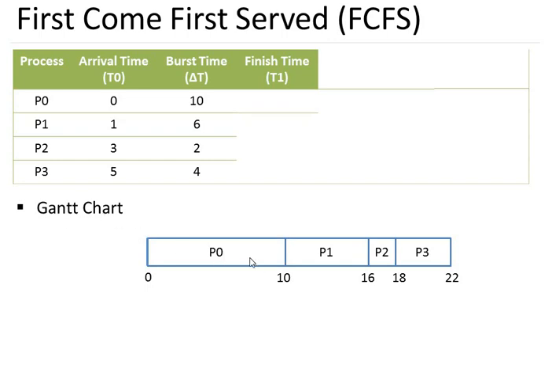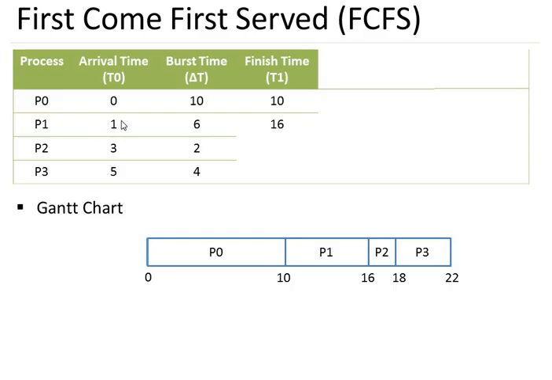P0 completed at unit 10. So the finish time of process P0 is 10, and you can see finish time is labeled as T1. Arrival time is T0, burst time is delta T, and finish time is T1. Now after that, let's calculate for process P1.